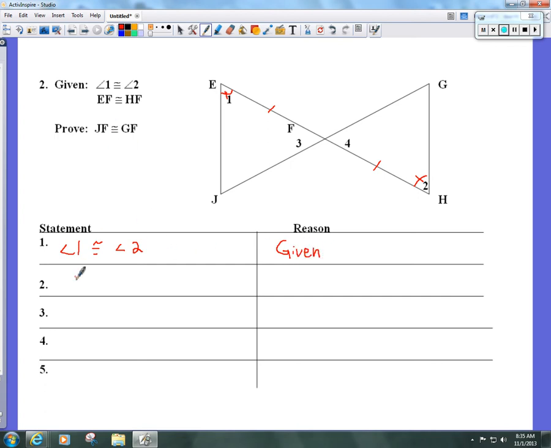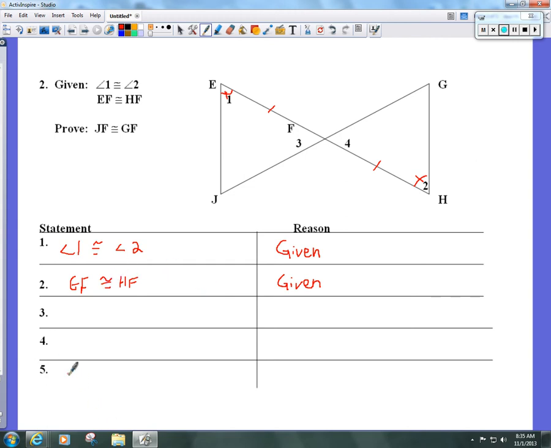I also know that EF is congruent to HF because that's in fact given as well. And like I said, make sure you label them on your triangles just like I have up here. It makes it easier to see how we're going to prove these triangles are congruent.